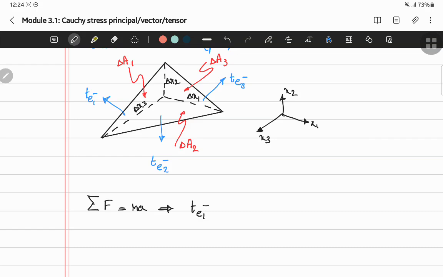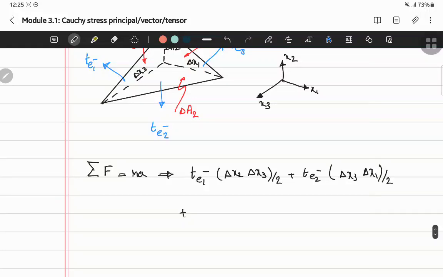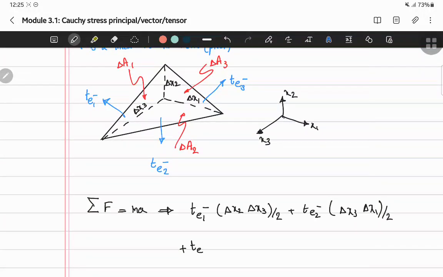So I have T E1 minus times del x2 times del x3 divided by 2, plus T E2 minus times half of del x3 and del x1, plus T E3 times this rectangle here, so half of del x2, del x1, plus I also have a plane here on the top part.